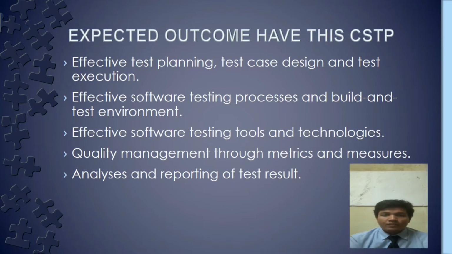The next point that I want to present is the expected outcome of this CSTP, or what benefit we get if we have this CSTP certificate. The first point is effective test planning, test case design and test execution.